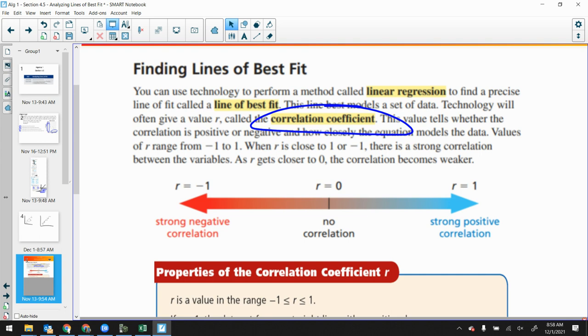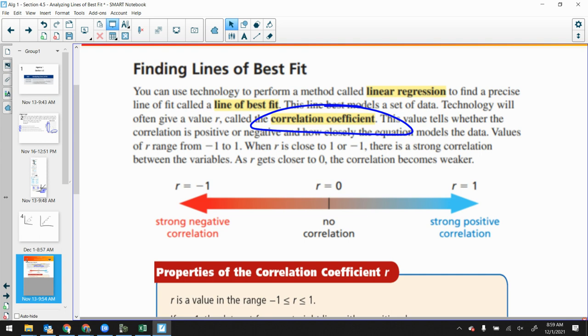The R value actually means the strength of the correlation. Here are the parameters on R, the correlation coefficient. It can range from -1 to +1. Those are the possible values that we have for R. The closer you get toward 1 or -1, the stronger the correlation.